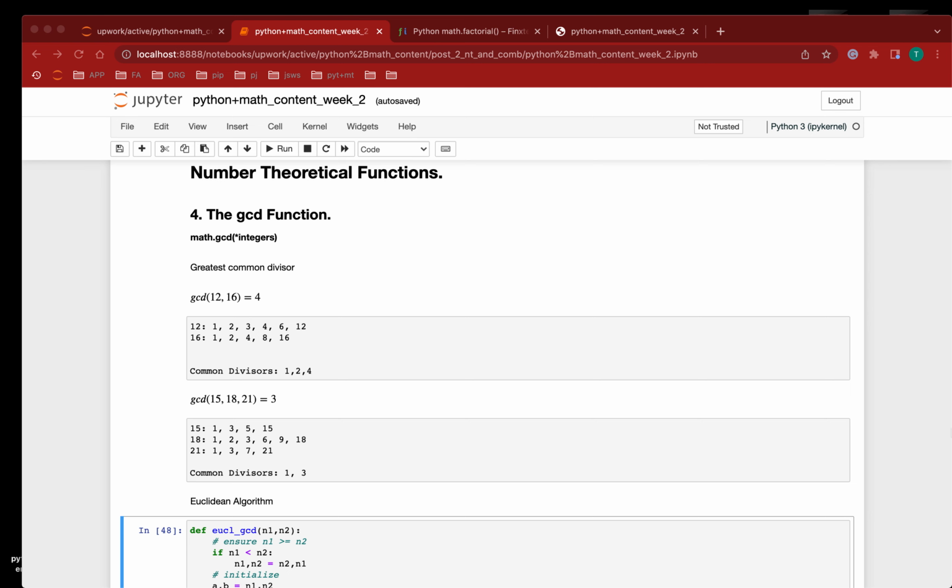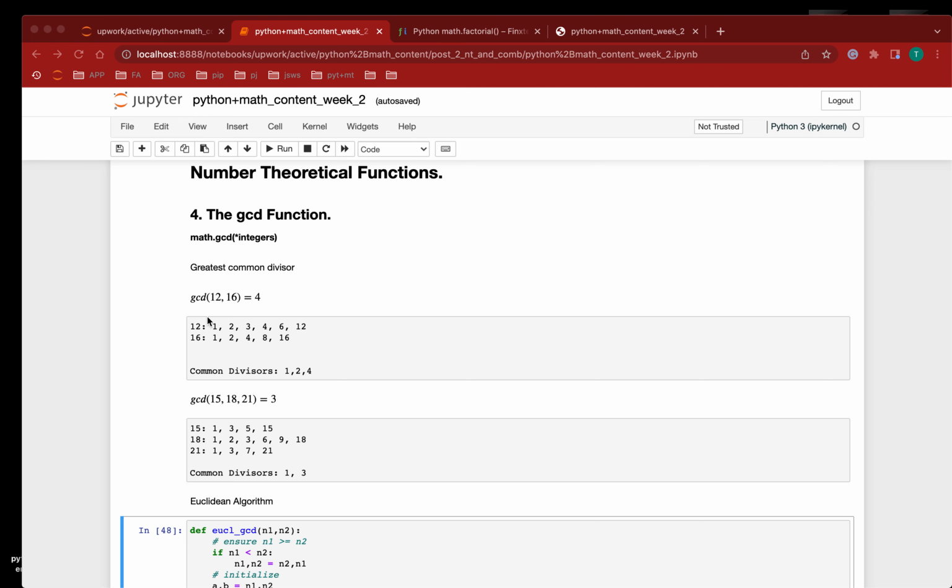Our next function is the GCD function, or the greatest common divisor function. So what is the GCD? Well, as its name implies, it is the greatest number that divides two or more given integers. As an example, let's look at the GCD of 12 and 16.